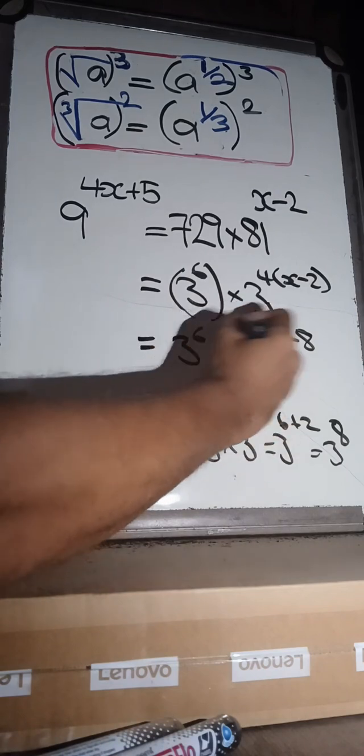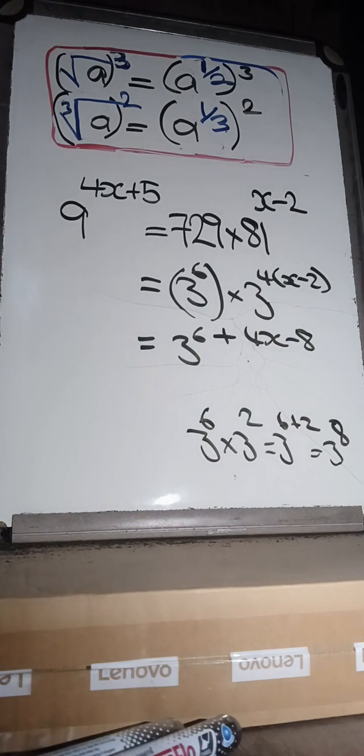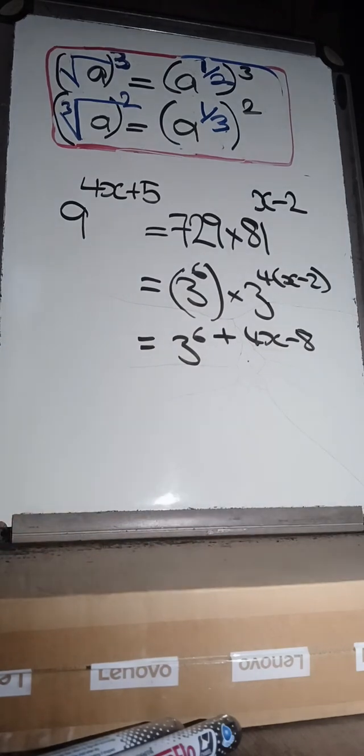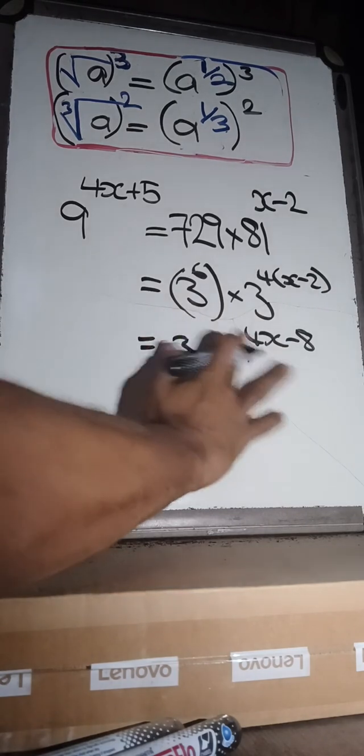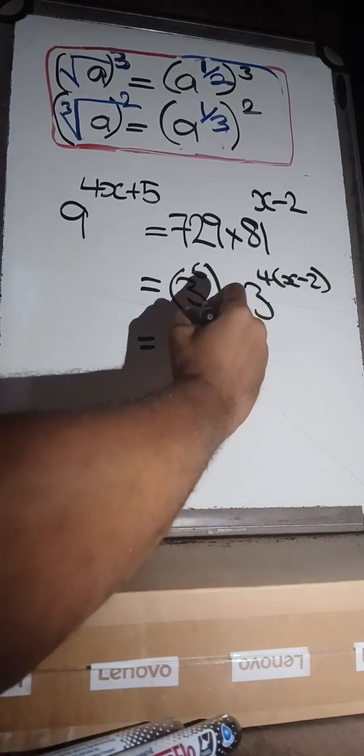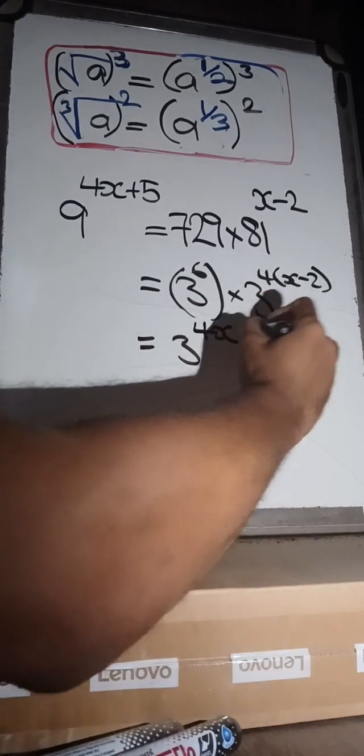That is exactly what would be taking place. Now 6 minus 8 is minus 2. Therefore, when we're done with this, we'll end up with 3 raised to the 4x minus 2. Alright, so we're done with the right side.